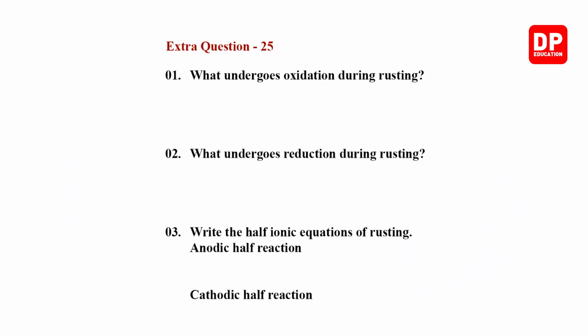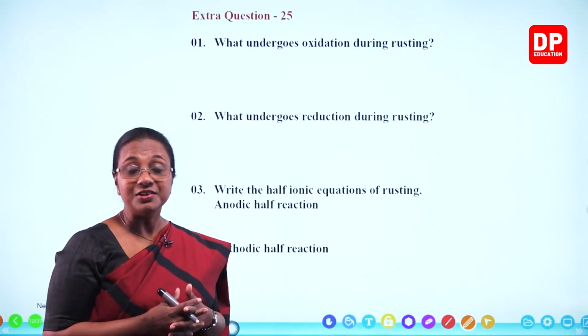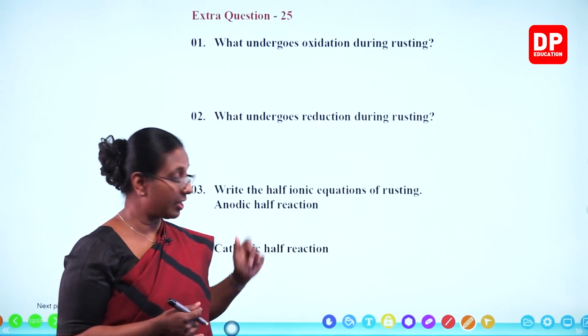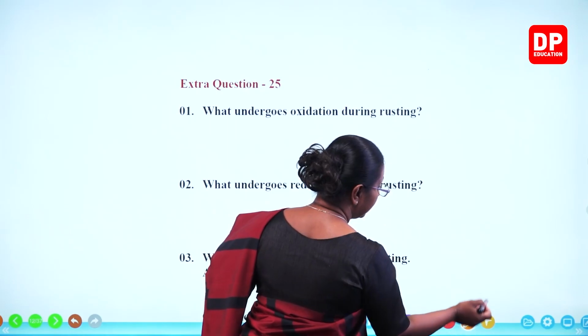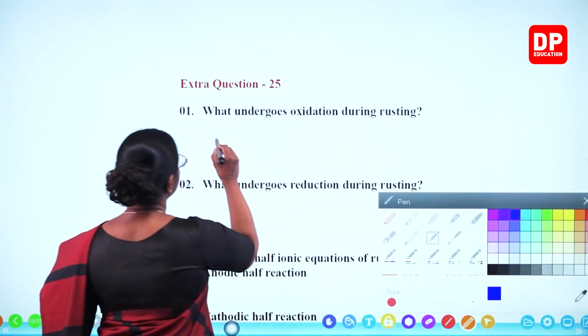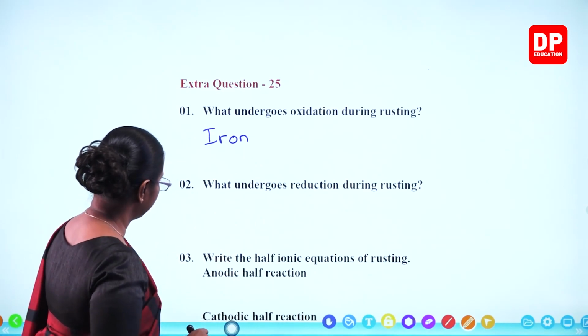So here we have extra question 25. What undergoes oxidation during rusting? In the previous question, students, I explained all the reactions related to rusting. So what undergoes oxidation? Yes, it is iron that undergoes oxidation.